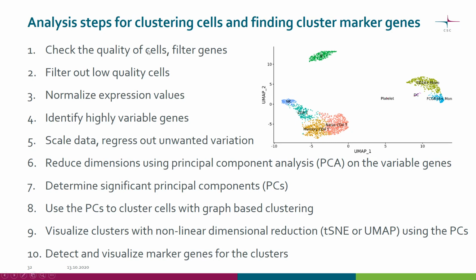You can do those checks to see if you have empties and those problems. If you do, you can filter out the low quality cells. You can also filter out genes at this point. So if you have a gene that is expressed in only one cell among your thousands of cells, it might not be that interesting and you can leave it out from your matrix.